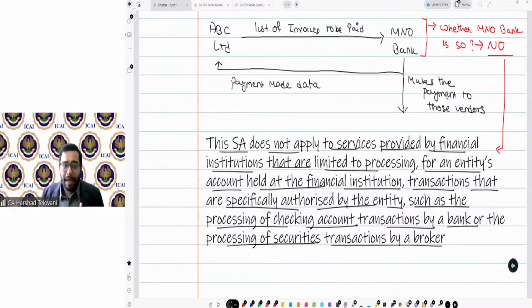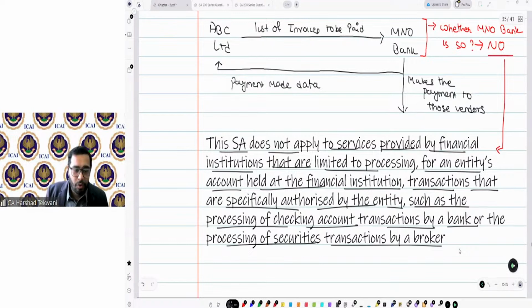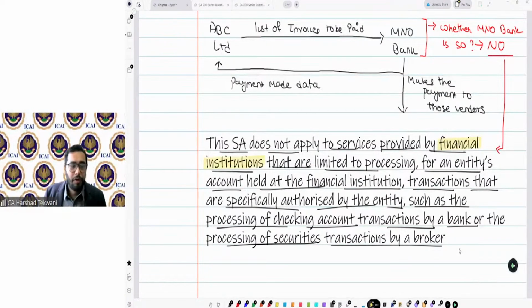We have the criteria, but we need to understand the distinction between a service organization and a typical vendor. So this standard does not apply to services provided by financial institutions. That is for sure. That is a specific exclusion that has been brought in for financial institutions. Otherwise, each and every financial institution will become our service organization.